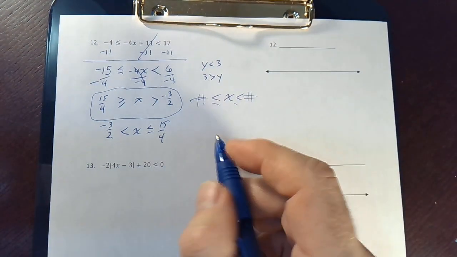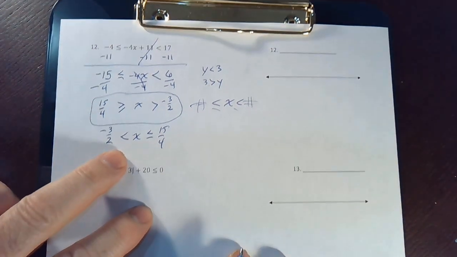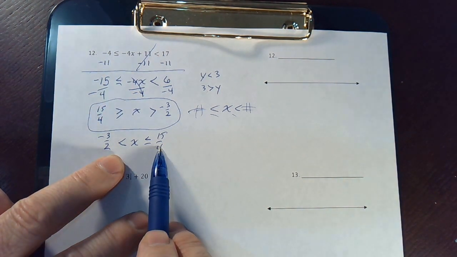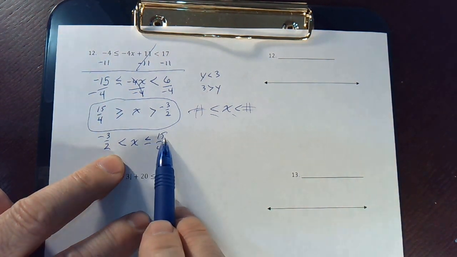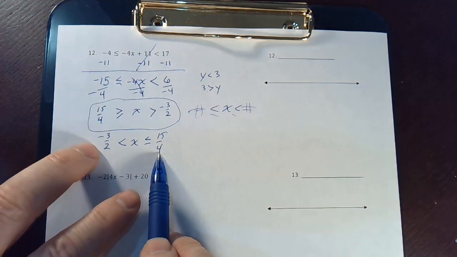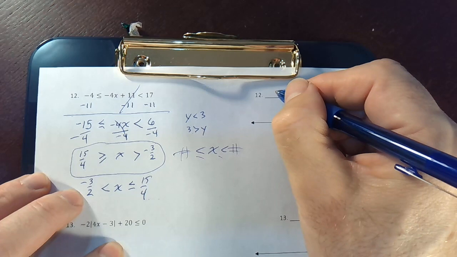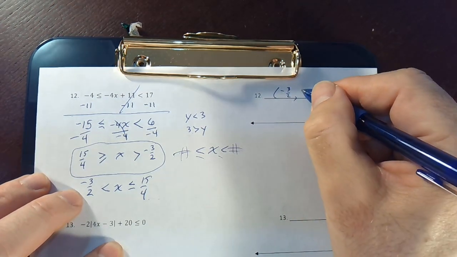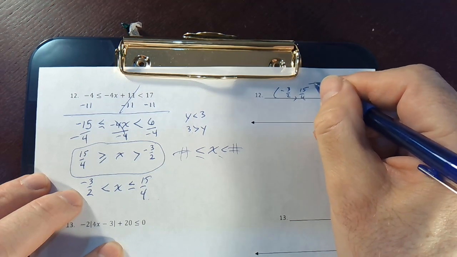And now we can say that the interval is negative 3 over 2, comma 15 over 4, but this one has the equals, so this will be a square bracket. This one will be a rounded bracket, parentheses. So negative 3 over 2, comma 15 over 4 with a square bracket.